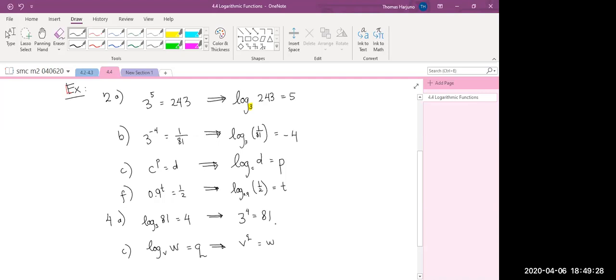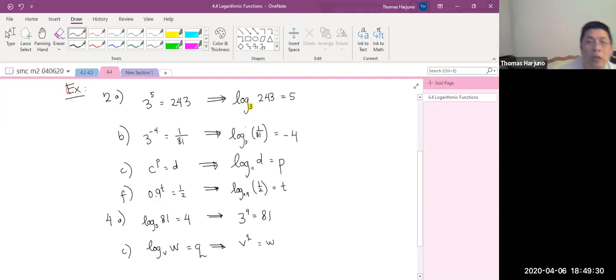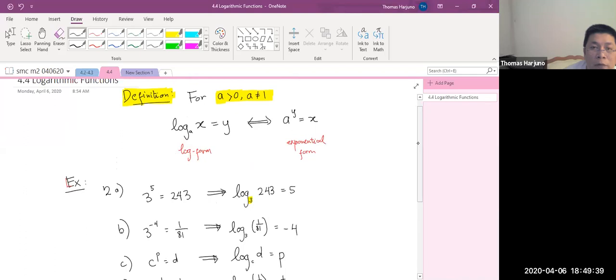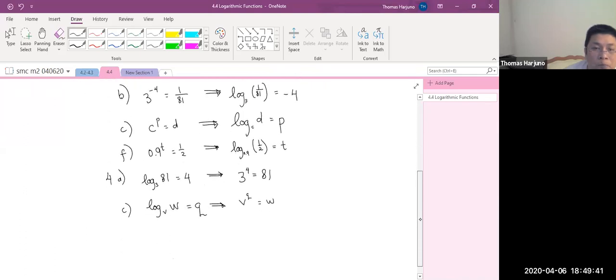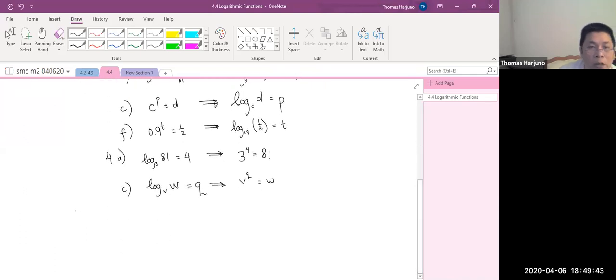Okay. Now you will see that this log function is also a one-to-one function because it is actually the inverse of the exponential function. Because of that, we can use the property, the one-to-oneness, to solve some problems.